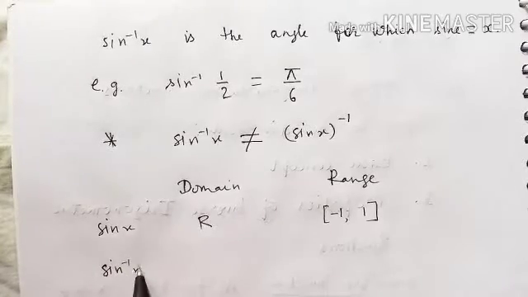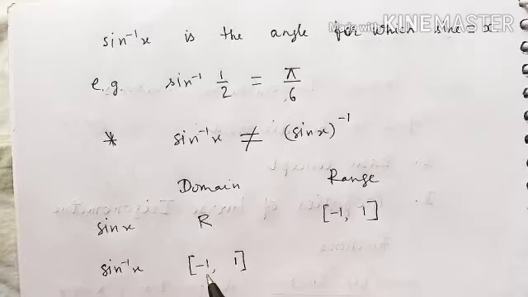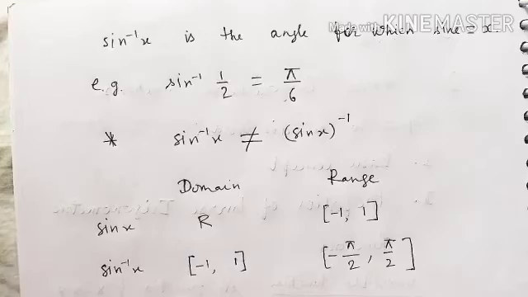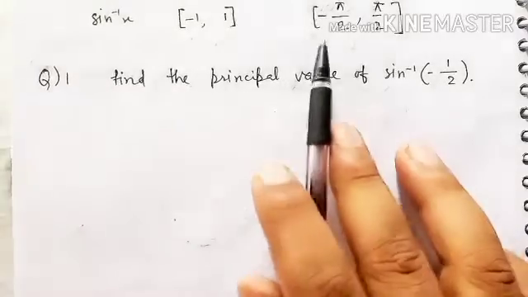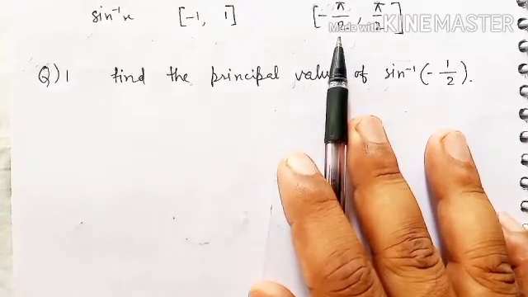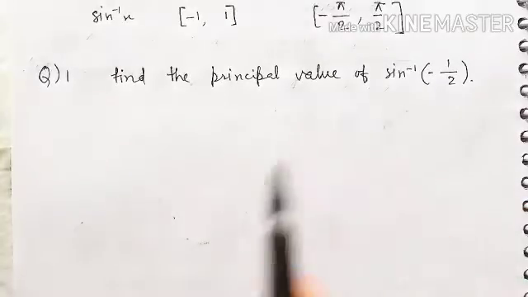But sin inverse x has the domain minus 1 to 1 and the range we have to think for which angle sin x is equal to minus 1, that is minus pi by 2, and for which angle sin x is 1, that is pi by 2. You must remember the principal value branch of sine inverse x, that is from minus pi by 2 to pi by 2.